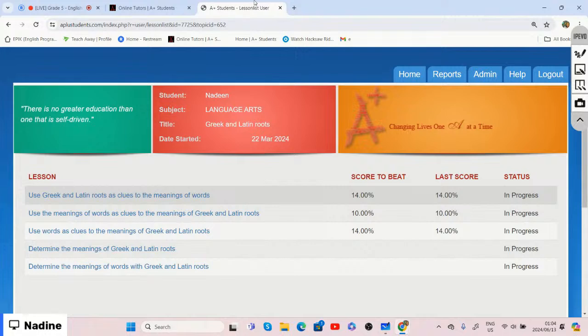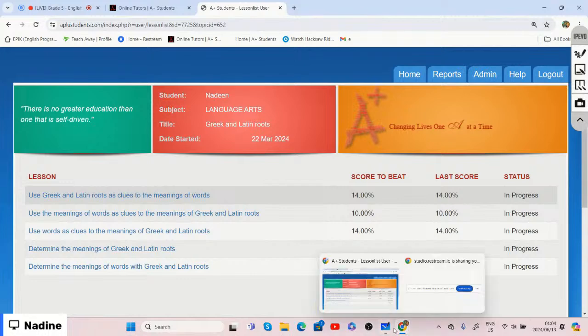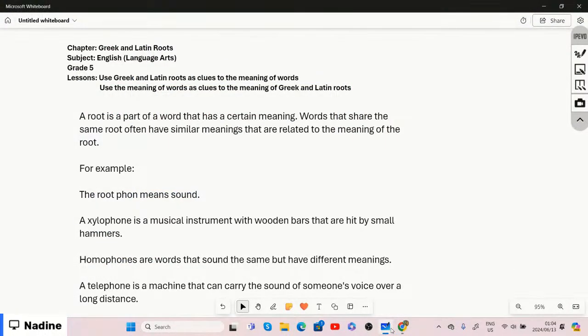All right, so we see that our chapter is Greek and Latin roots, our subject is English Language Arts, grade 5.